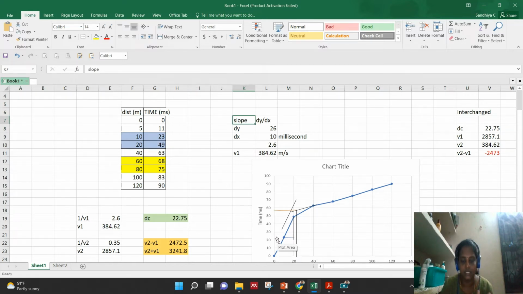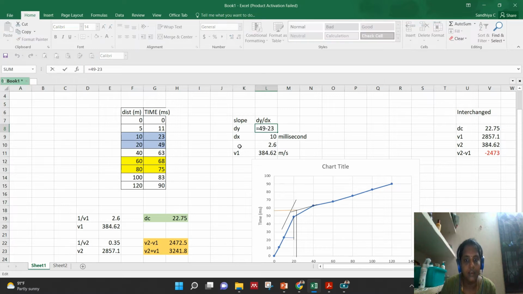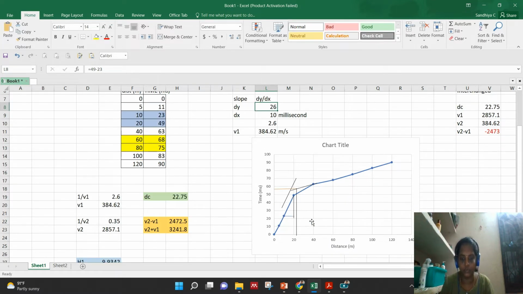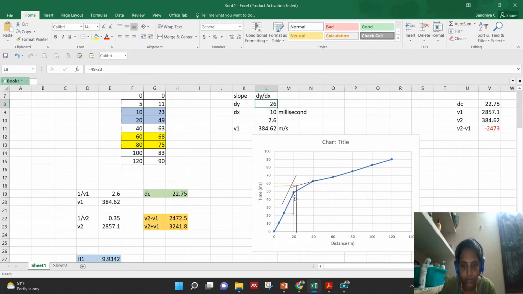Dy is 49 minus 23. This length you need, so how will you get this length? From 0 to 49 minus 0 to 23, that is how you get this length.